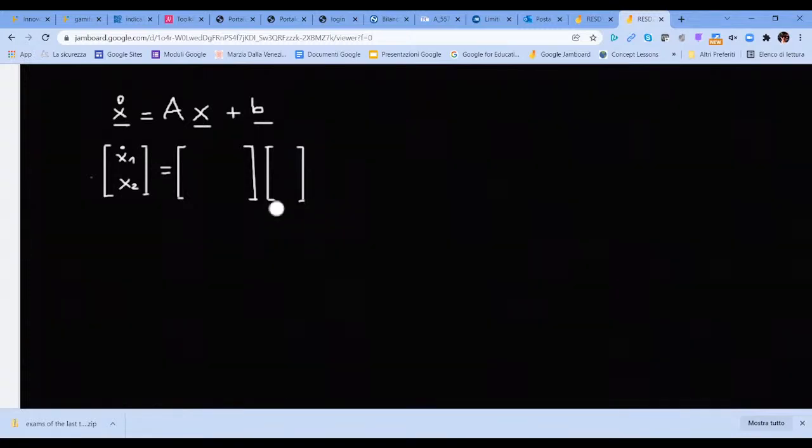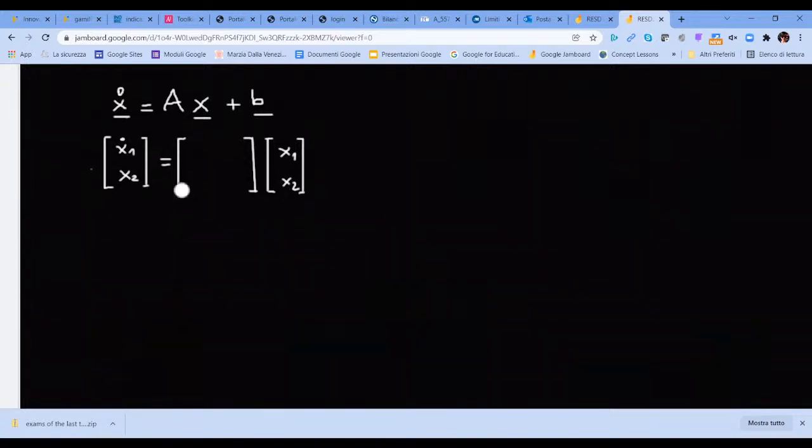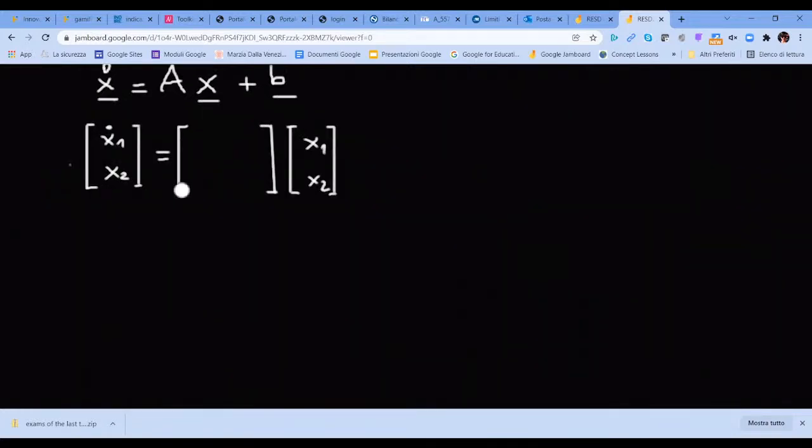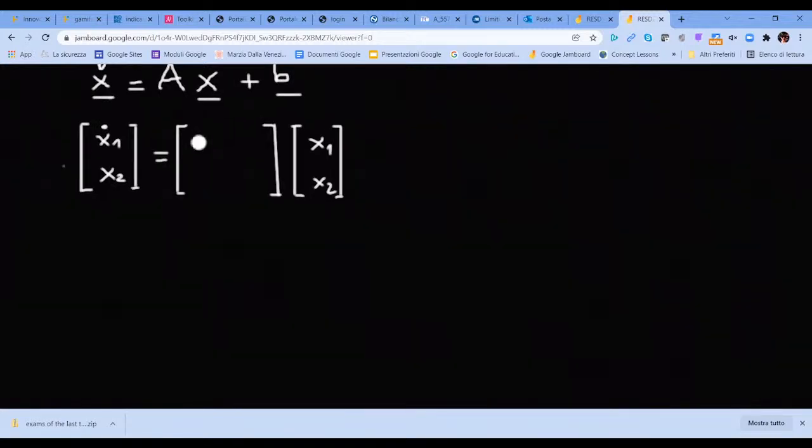That means that if you have, for instance, let's see, let's give a matrix from the example. We have 1, 6.